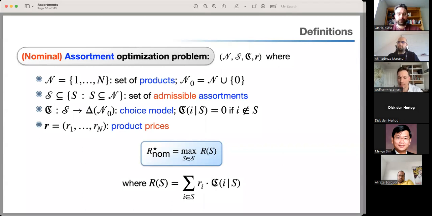So this expression here is the probability that a customer purchases product i if we show assortment S, times the price of product i. And we sum this up over all products in our current assortment.